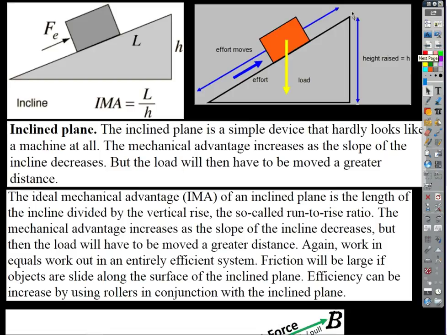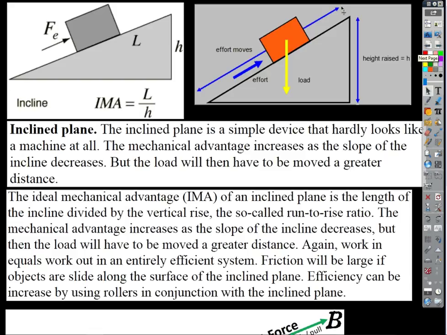The distance traveled on the incline. On the incline, right? Because it's where I'm applying the force. The input is me pushing on the machine. In this case, I'm just down here pushing on this box, right? So I'm inputting my force through that whole slanted plane, right? What's the output distance?